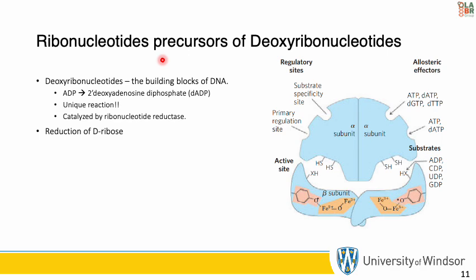Deoxyribonucleotides, which are the building blocks of DNA, are derived from the corresponding ribonucleotides by the direct reduction of the secondary carbon atom of the D-ribose to form the 2-deoxy derivative. So, for example, ADP is reduced to 2-prime deoxyadenosine phosphate, dADP, and so on, like GDP is reduced to dGDP, right?